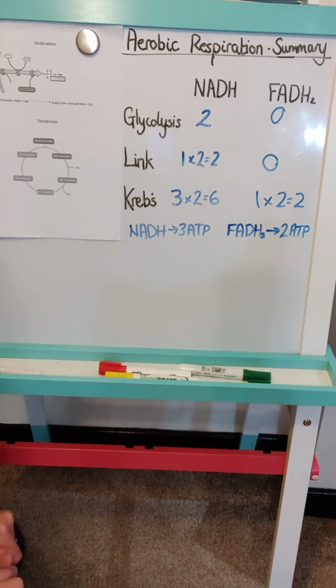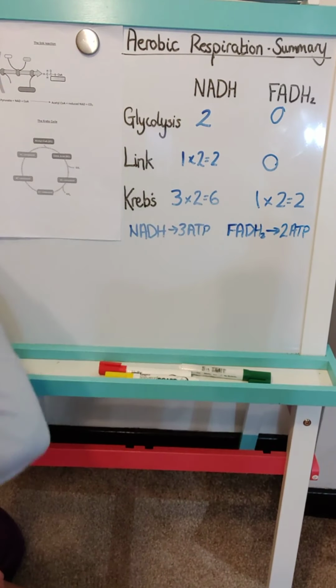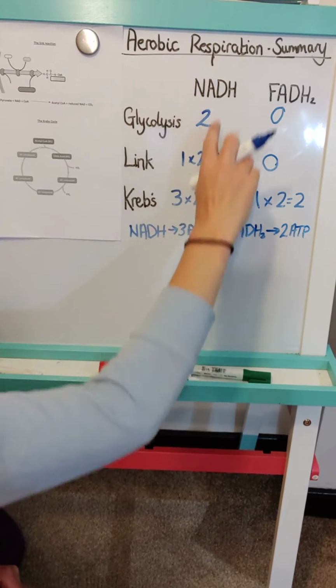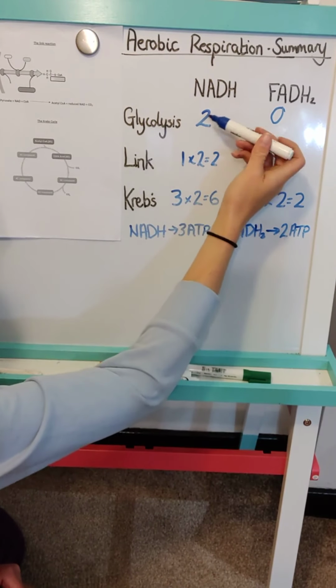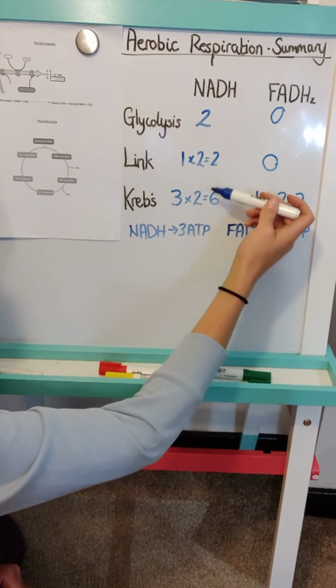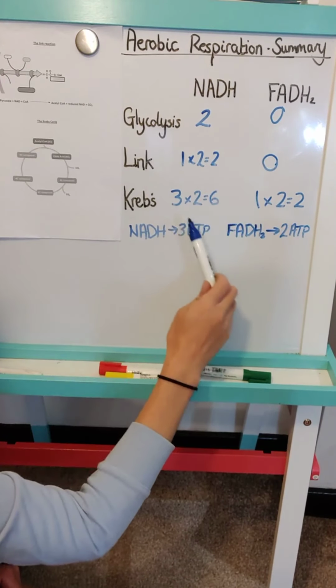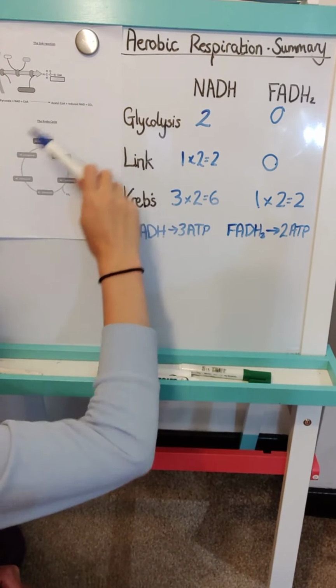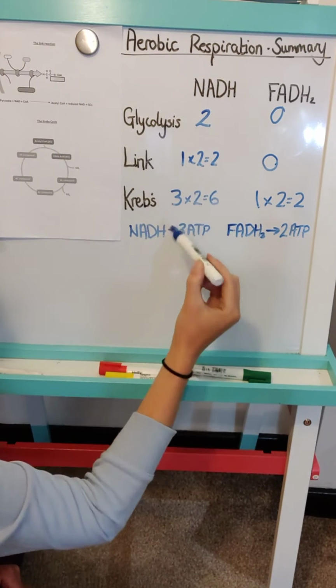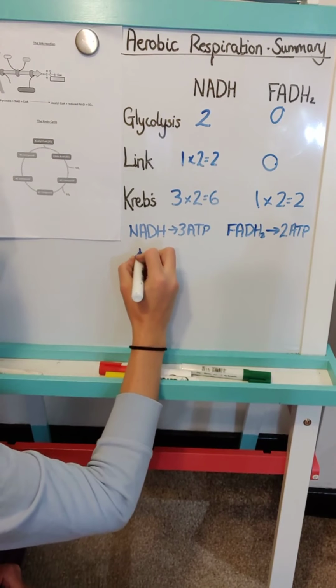So what that means is, through glycolysis, the link reaction and the Krebs cycle, you get 10 reduced NAD for every glucose molecule.